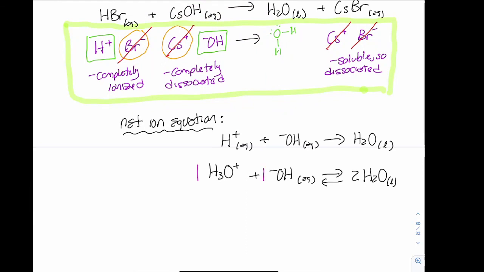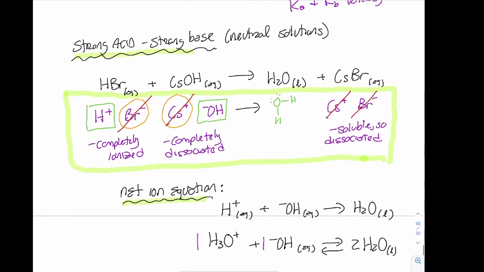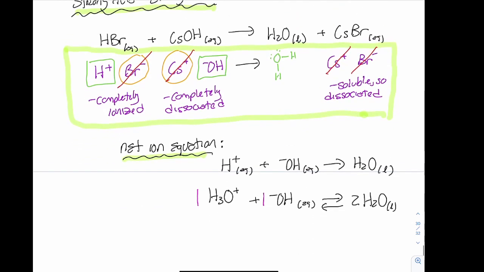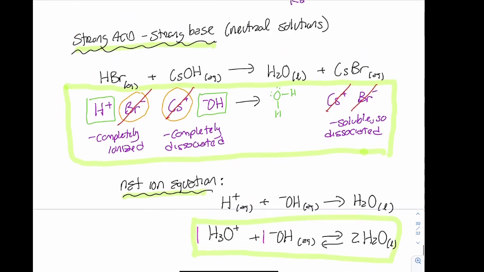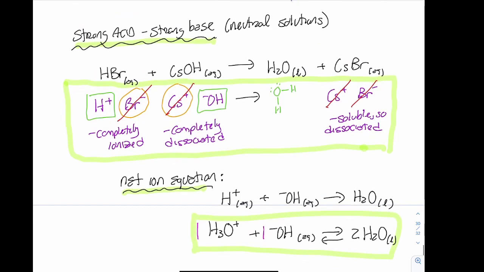My pH is going to be 7. I have a neutral solution. My net ionic equation for a strong acid, strong base solution is just this. So a pH of 7, neutral solutions. Let's actually write that.